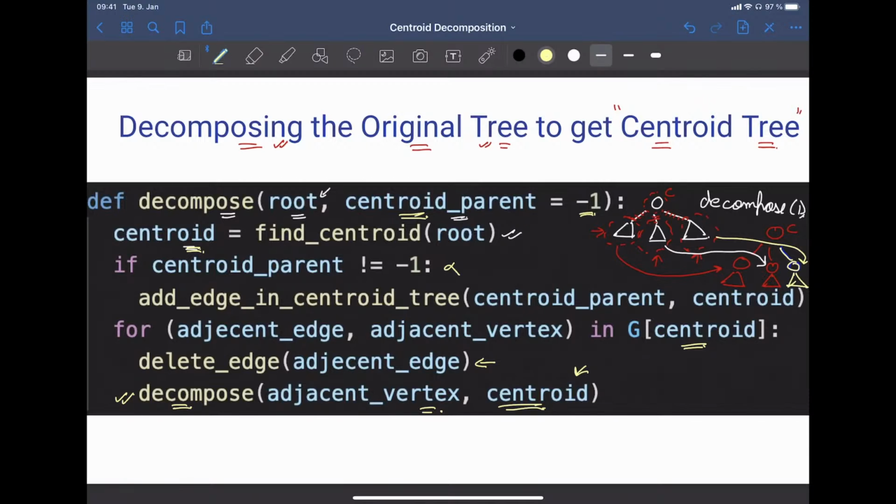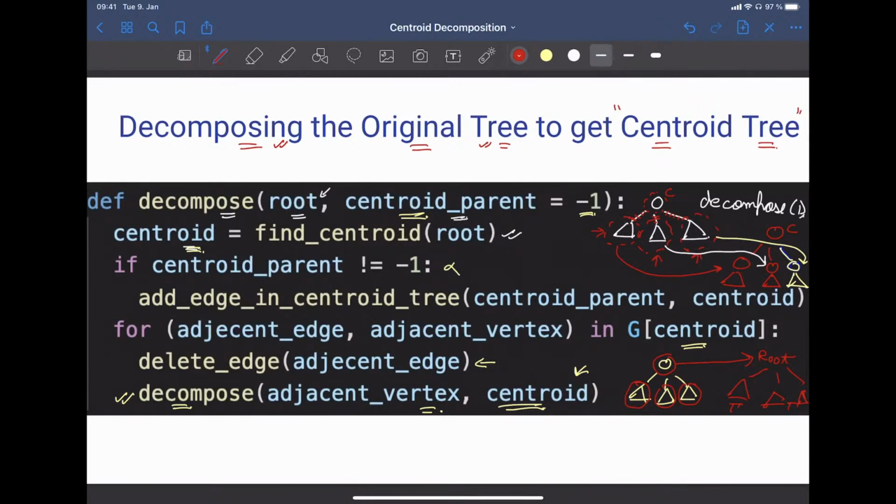You take this centroid node and make it the root of a new tree called the centroid tree, and you recursively compute the centroid tree from each of these subtrees and attach the T primes as children of this root.